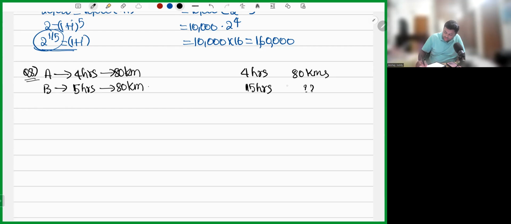Simple cross multiplication, 15 into 80 whole divided by 4. It is 300 kilometers. So in 15 hours, our cute A is going to cover 300 kilometers.